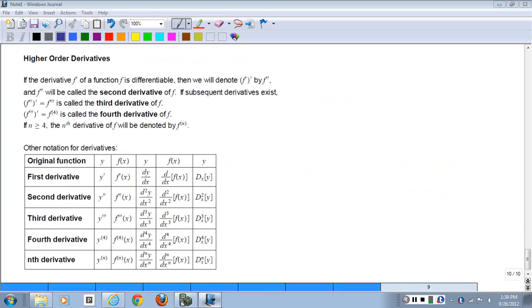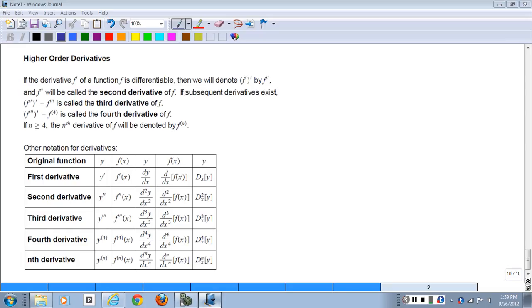Higher order derivatives. As soon as we get to the point where we feel good about taking a derivative, we realize that when we have a function, we take the derivative of that function, we get a function. And the new function that we get, the derivative, f prime of x, we might ask ourselves, well, what if we take the derivative of the derivative?